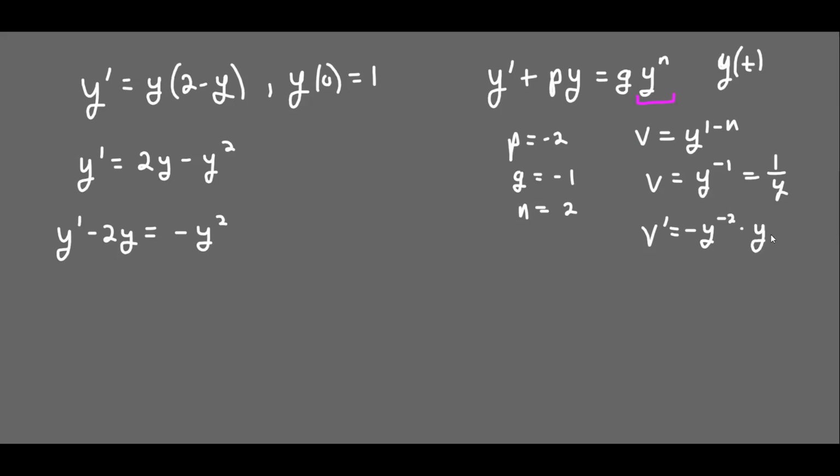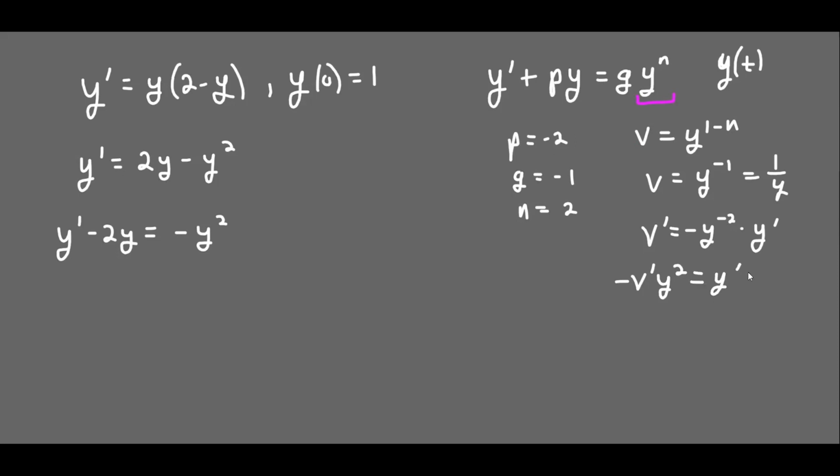We'll just call that y prime. So we could make the substitution of y prime by just solving this for y prime. So we could just multiply both sides by negative y squared, and that would get rid of this. So we would get negative v prime y squared is y prime.